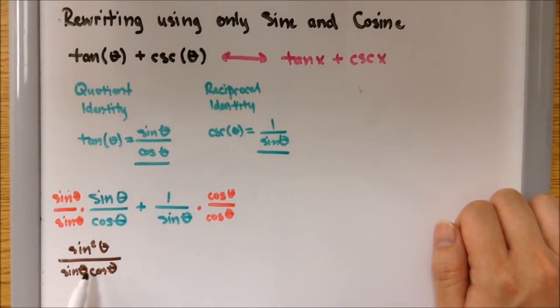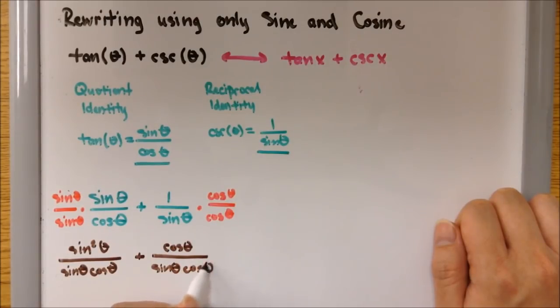So we can write it like that. Plus 1 times cosine theta would be cosine theta over sine theta cosine theta. So now they have the same denominator, we can combine the two fractions.